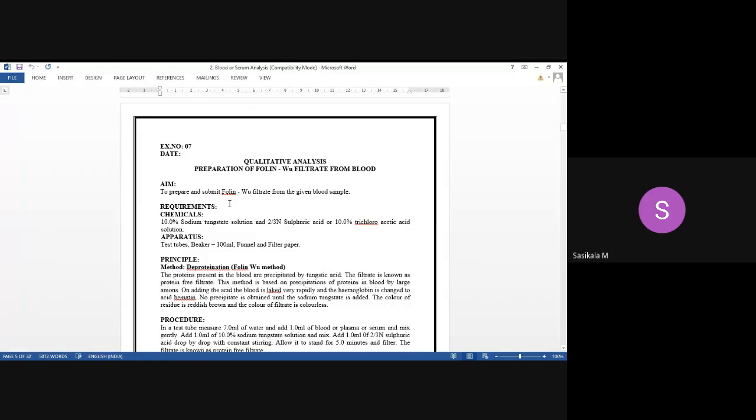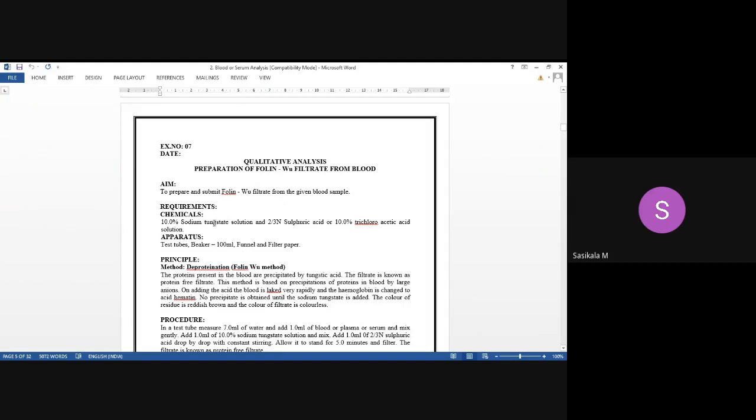Folin tungstate filtrate is otherwise known as protein free filtrate. Protein free means filtering out the proteins present in the blood sample. All plasma proteins, enzymes, everything present will be removed from the blood by adding tungstic acid.